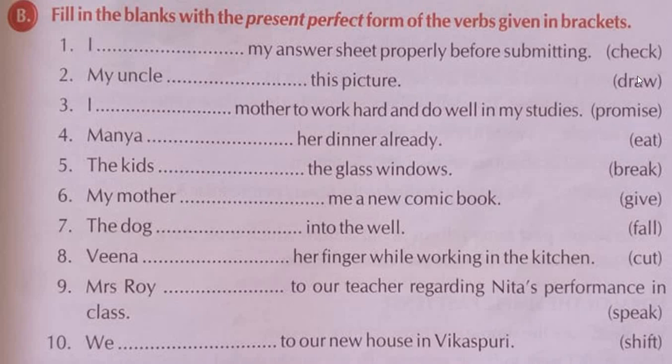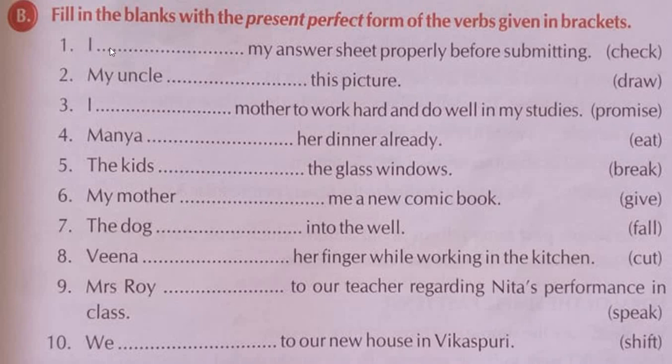Suppose this is the verb given, check. Let us do, for example, the verb check. What will you put in present perfect form? It is the past participle form. Check, checked, checked. The past participle form is checked.